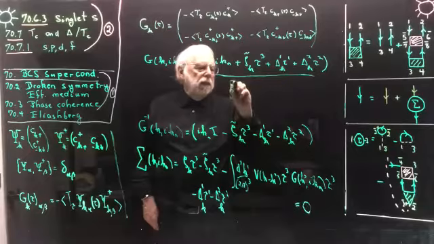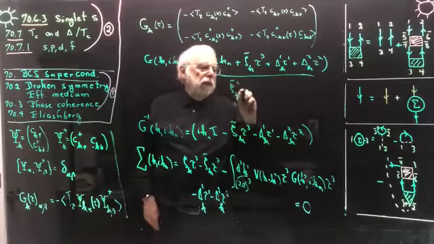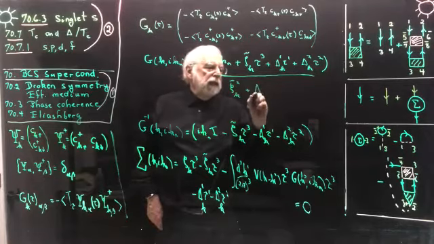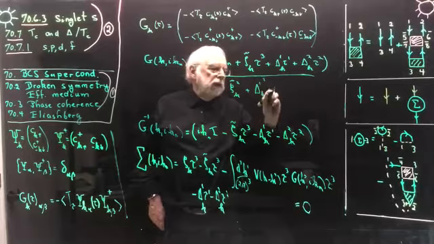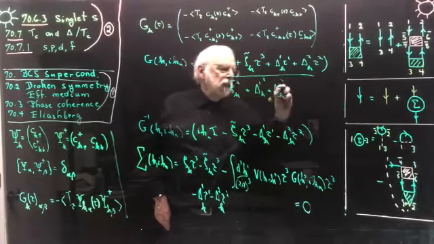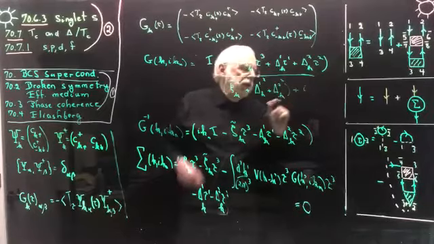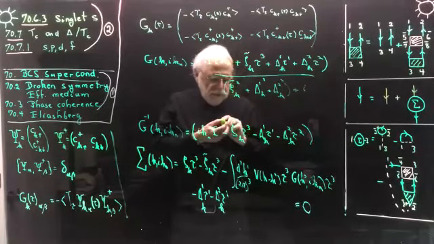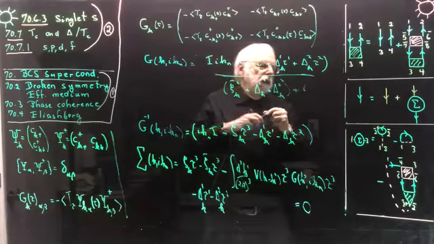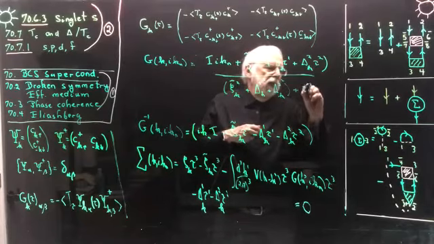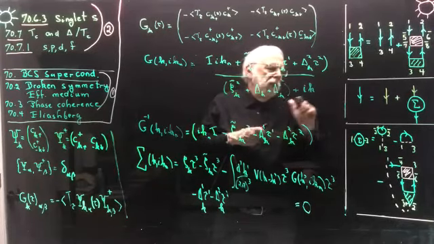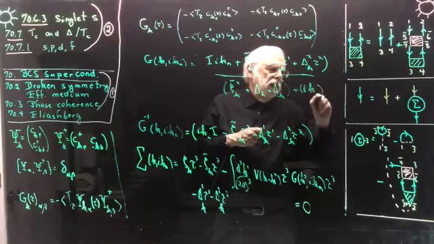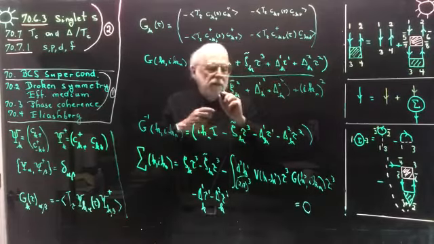zeta tilde k square plus delta k 1 square plus delta k 2 square plus (i k_n) square, and here I have a minus sign.